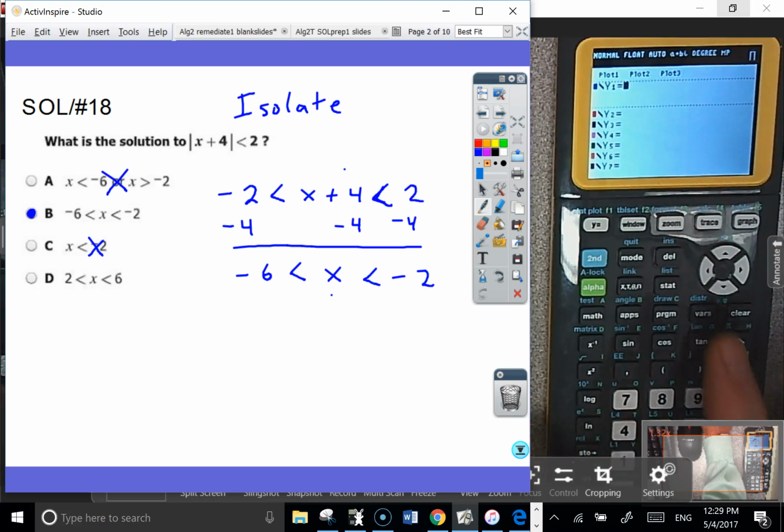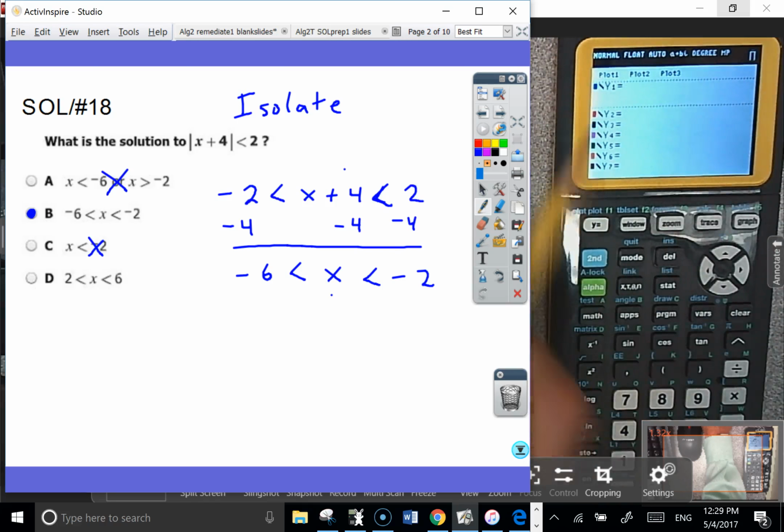If you have x equals on the very top line, right to the left of where it says plot 1, then you can work with it. Yours will come up different. Yours is going to come up on the equal sign, or there's probably an inequality symbol right there. So you have to right arrow to get to the right of that. I kind of don't like having the x equals there, unless I really know that I need it.